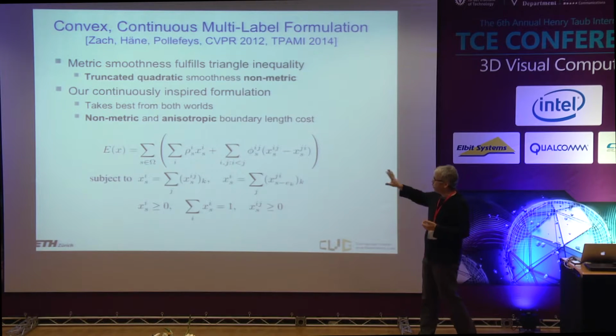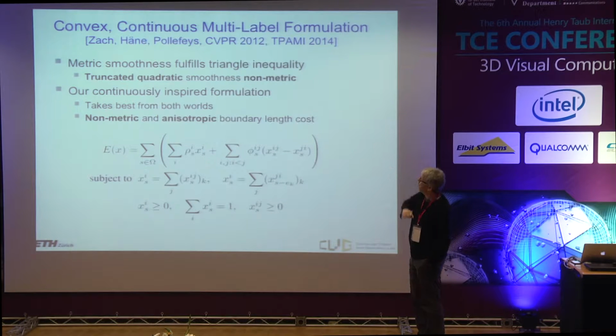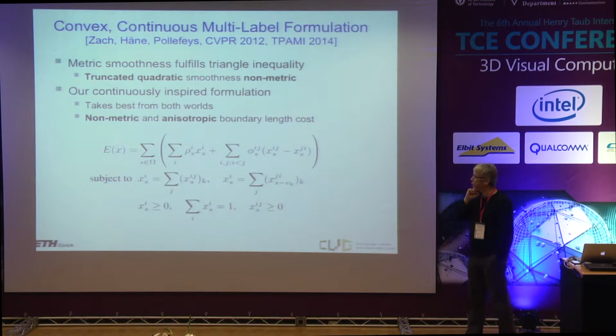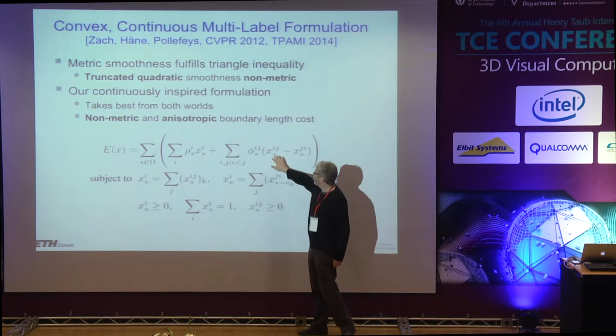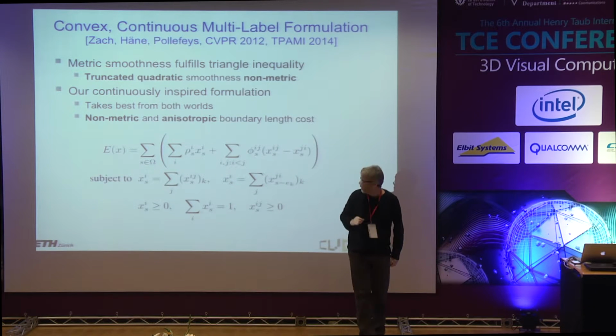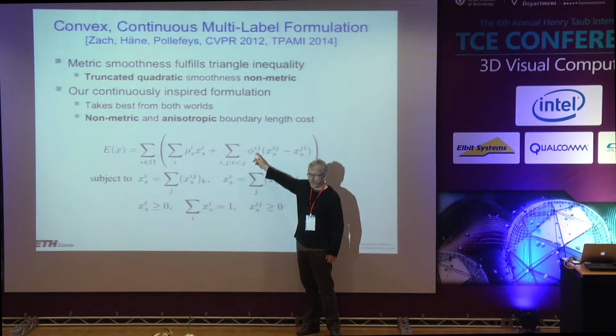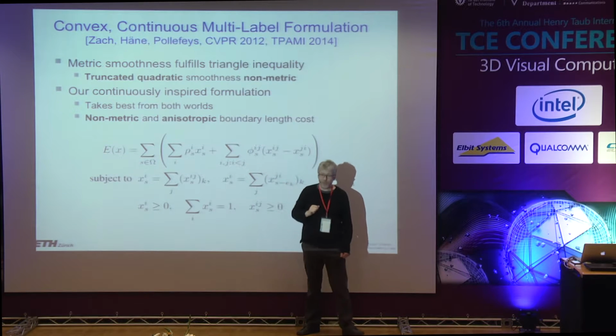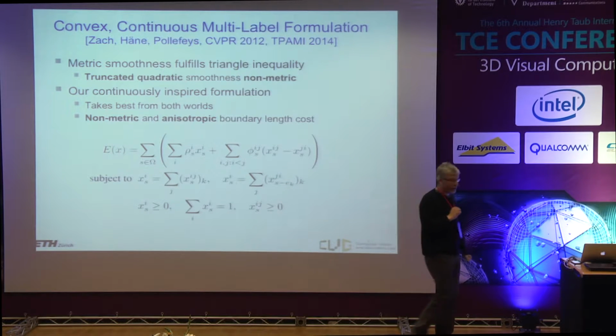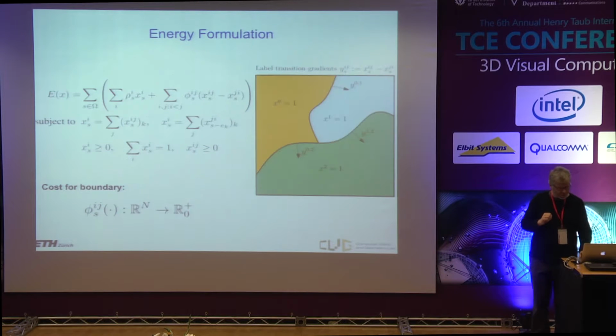So our formulation is a modified version of that, and you see the reference up there. We can actually allow for non-metric anisotropic cost between classes. We have a function here that expresses the regularizer, indexed by the interaction between classes. So we can really express that.